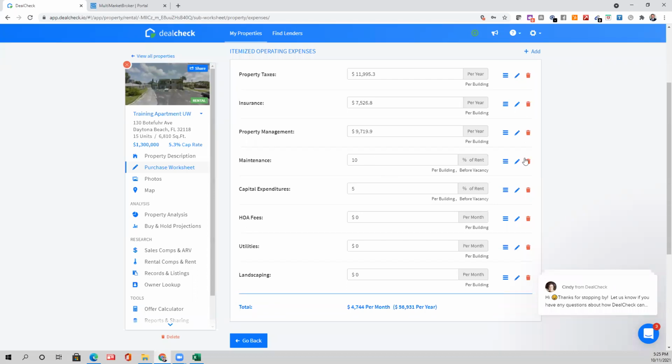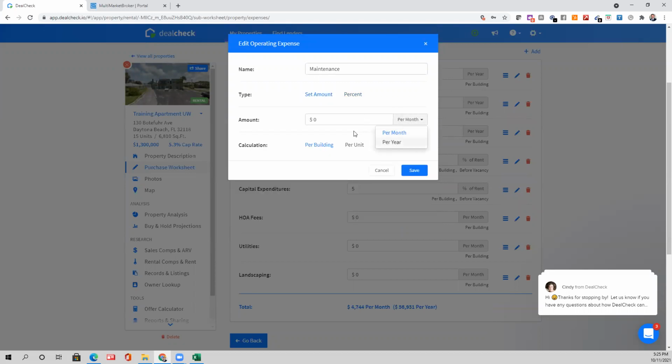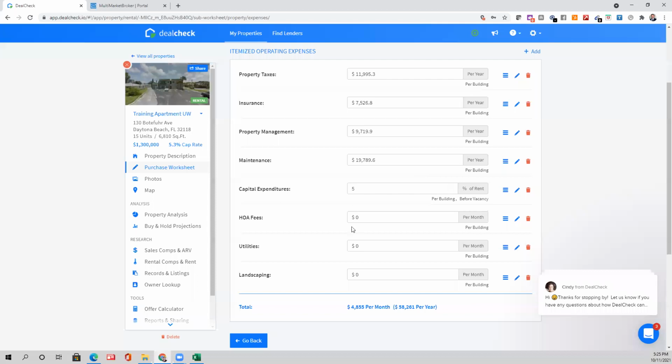So maintenance, his repairs and maintenance were 19,000. See, and this was a percentage, but we're going to do what he did because it's the most accurate. Whoop, set amount. Here we go, per year. And that he had $19,789.56 per year. Okay.